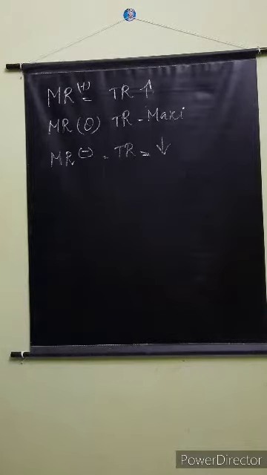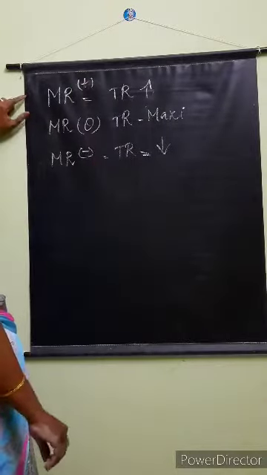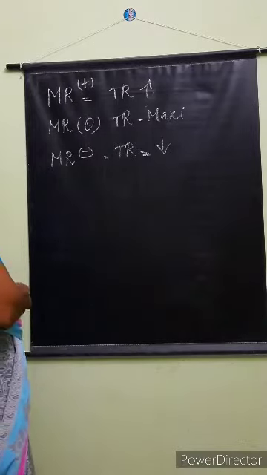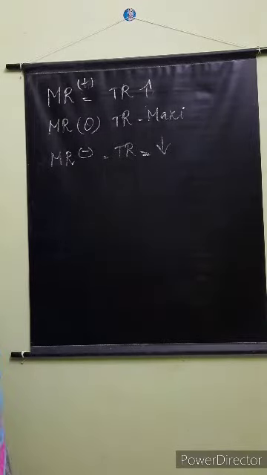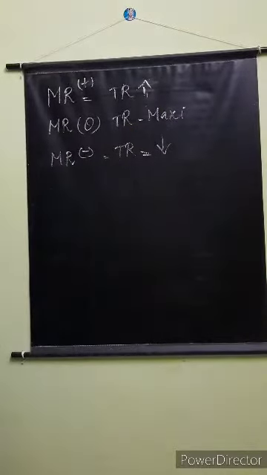This is the relationship between them. Just recollect the tabular column. When the marginal revenue is positive, let me write the tabular column again, then it will be easy, or else I will show you this.